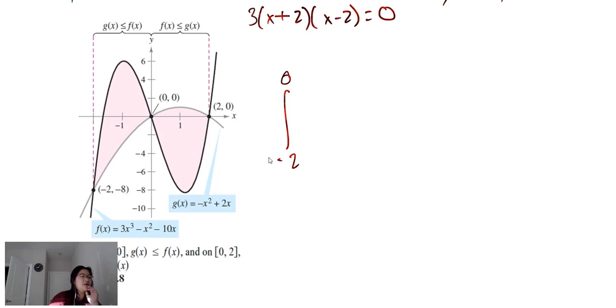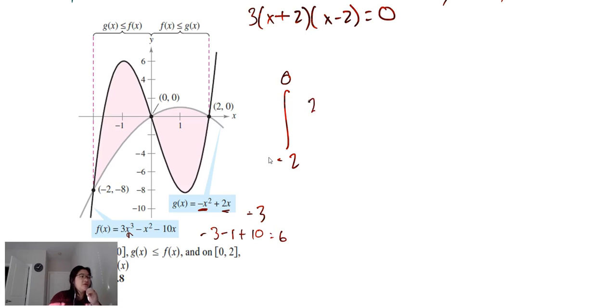So plug in 1 to g, and you get negative 1 minus 2 is negative 3. Plug in 1 here, you get 3 minus 1 minus 10, which is negative 8... So that means that f is the top function.